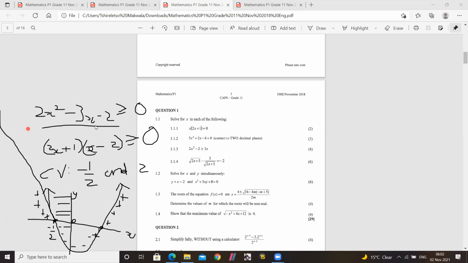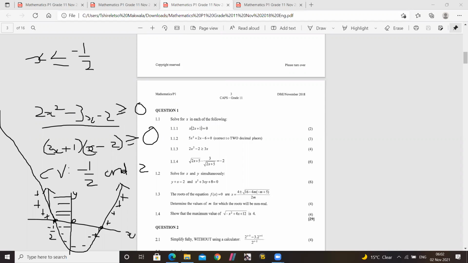So where are the values of x where this graph is above this line? You're going to start at this side. The first answer: x must be what for this graph to be positive? x must be less than or equal to negative 1/2, I mean negative 2.